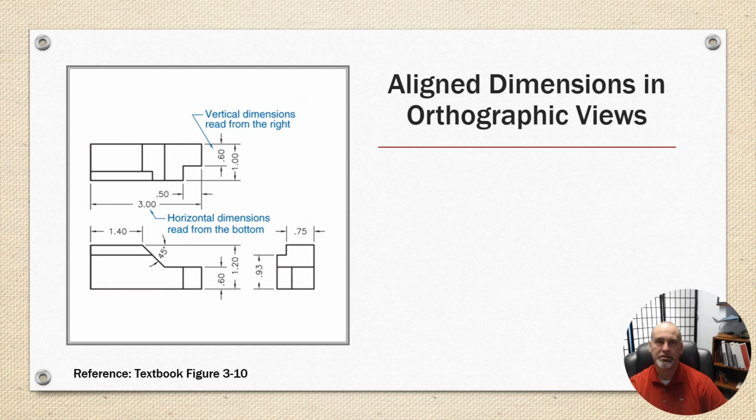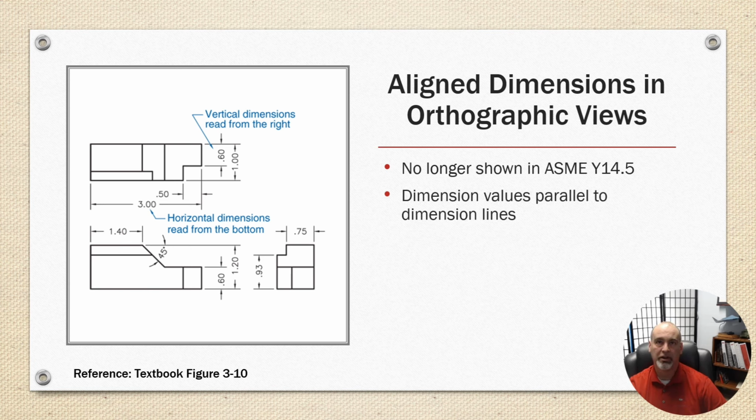Align dimensions in orthographic views. This is no longer shown in ASME Y14.5. You'll see this in other industries related to architecture, but you no longer have vertical dimensions with the numbers going the same direction as the dimension line.